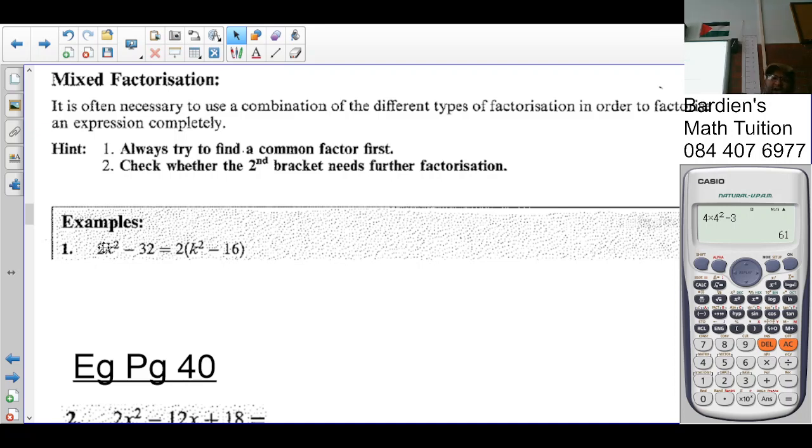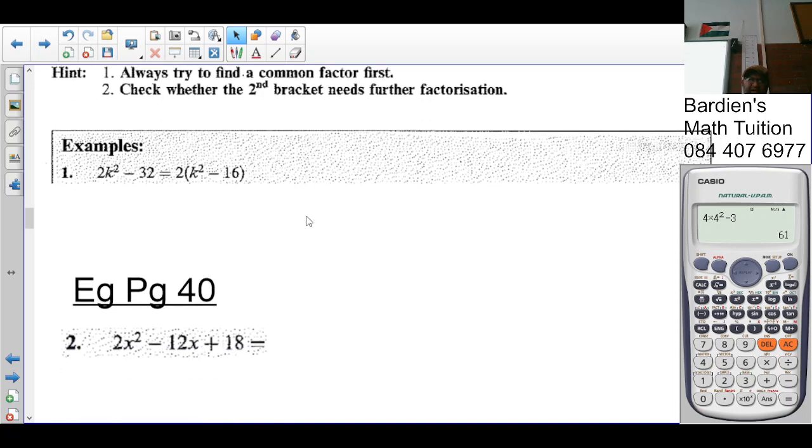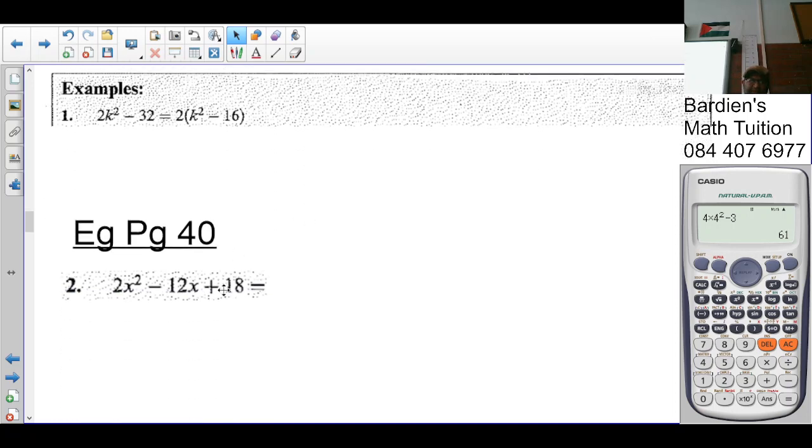So whenever we have a common factor, we always take out the common factor first. Remember the first type of factorization we did? So if it's a common factor, we take out the common factor first. Then check whether the second bracket needs to be further factorized.